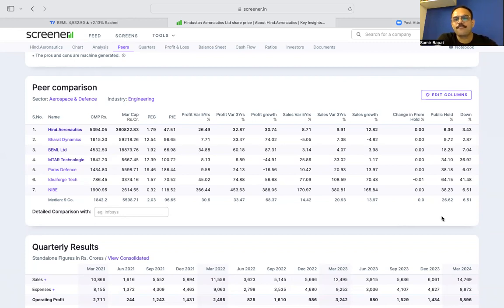But it may also happen that in the coming years, it may not do well. So how do we analyze? We are analyzing on past data. Absolutely right. So how do we ensure that we are choosing the right company and that it will continue performing year on year in future as well?